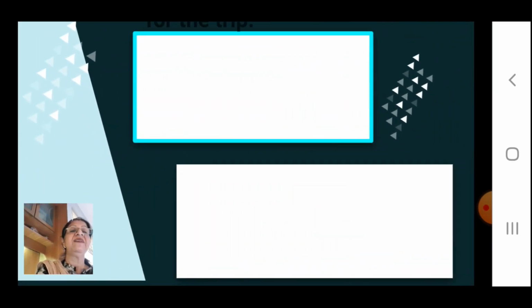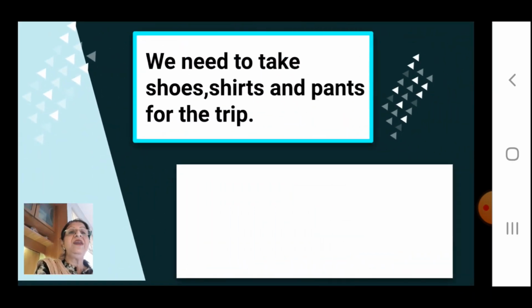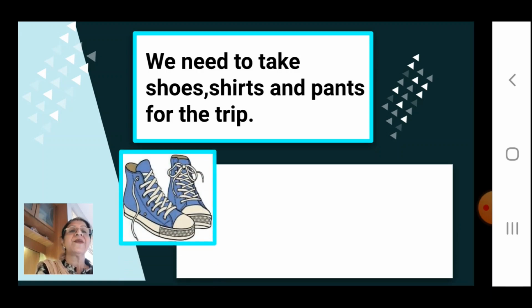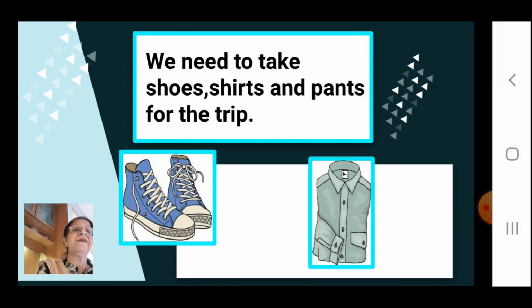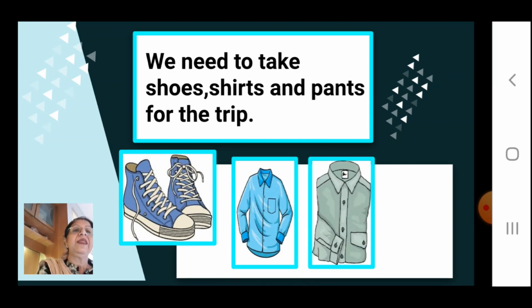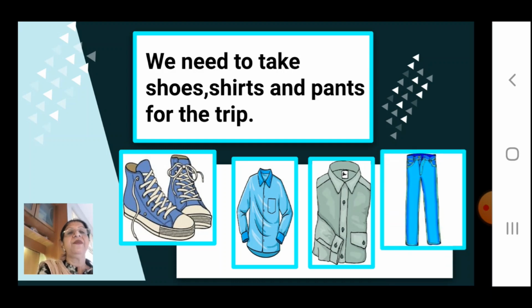There are some more examples. We need to take shoes, comma, shirts and pants for the trip.